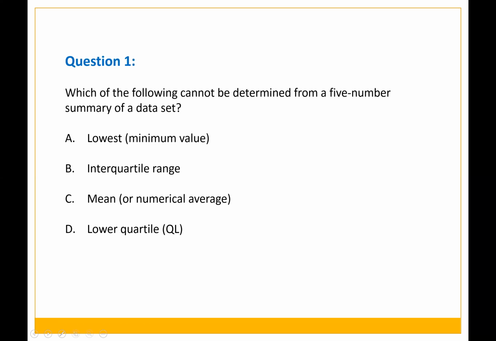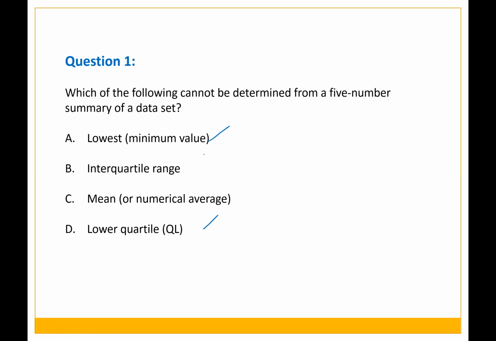the first question. Which of the following cannot be determined from a 5-number summary of a data set? A, lowest minimum value; B, interquartile range; C, mean or numerical average; or D, lower quartile. We all know the 5-number summary includes the minimum and the lower quartile.